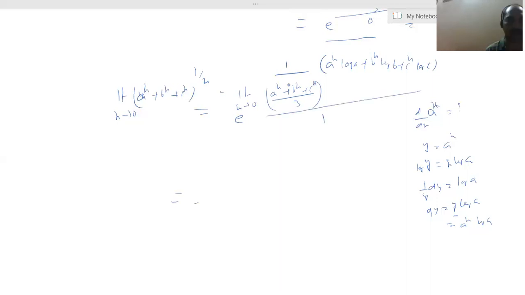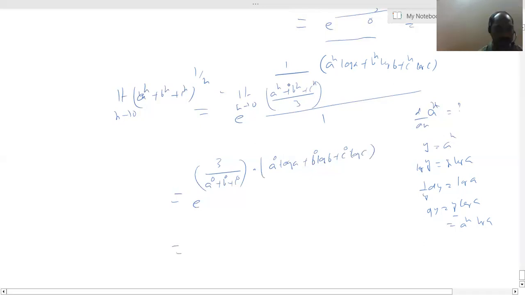Apply the limit value: e power of 3 by, if you convert 3, it goes to the numerator: a power 0 plus b power 0 plus c power 0 into a power 0 log a plus b power 0 log b plus c power 0 log c, which is equal to e power 3 by 3. Simplification is your choice.